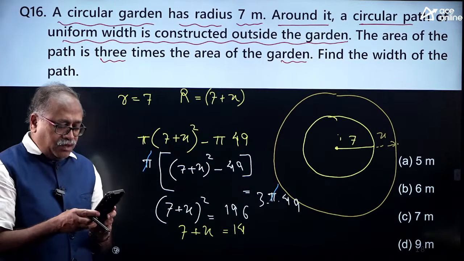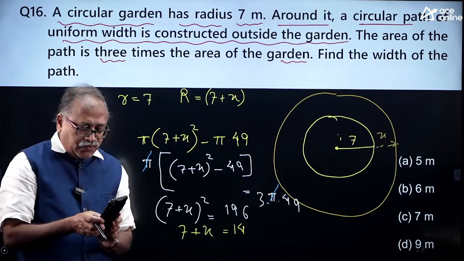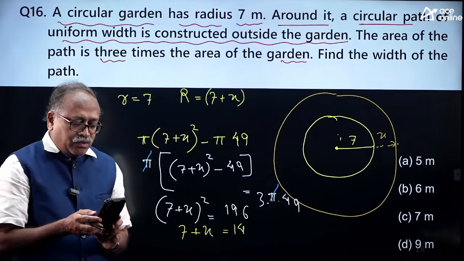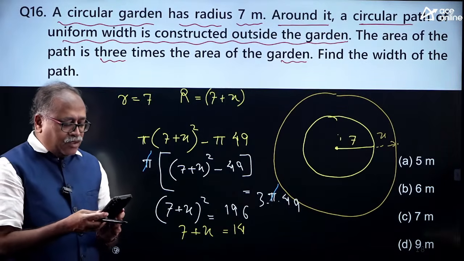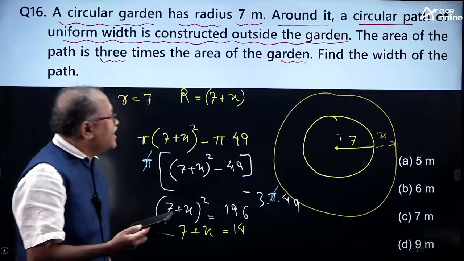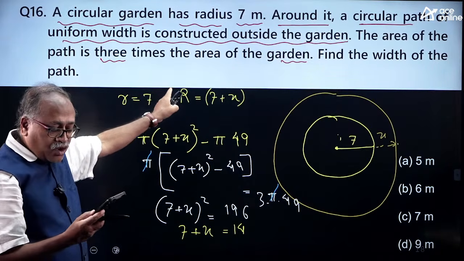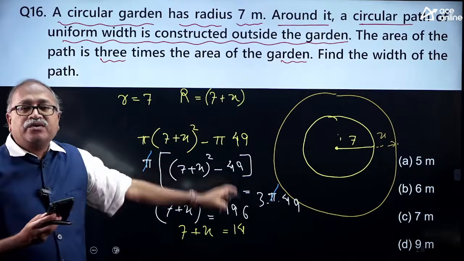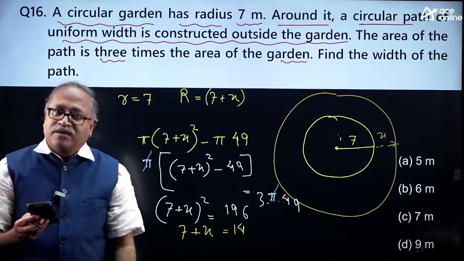Let me check that. By this time, I am sure some of you must have answered the question. Option C, B. Okay, let me check the answer. This is 7. Oh, that's great, Shadow. I appreciate that you are right from the very beginning till now.